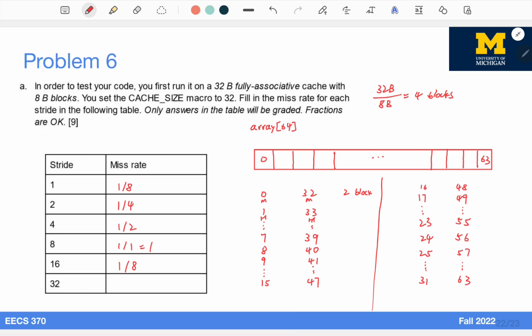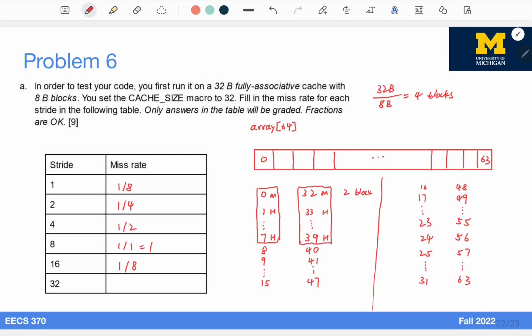And we will keep going in this way, until this inner loop starting at 7 comes with 39, we will still have a cache hit, because those accesses are within the same block, and they have not been evicted from the cache yet.